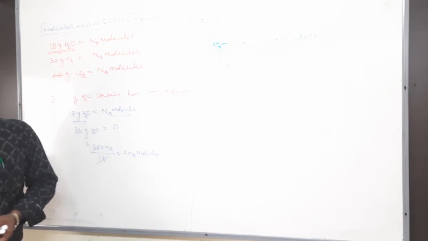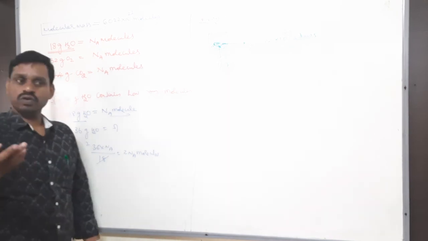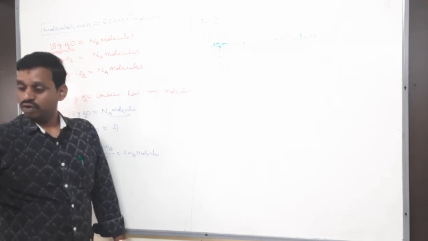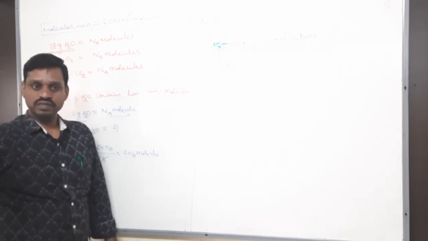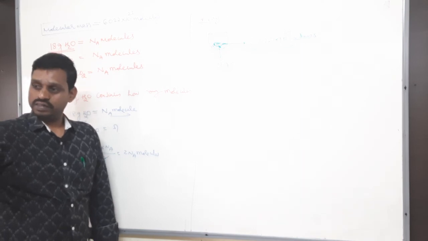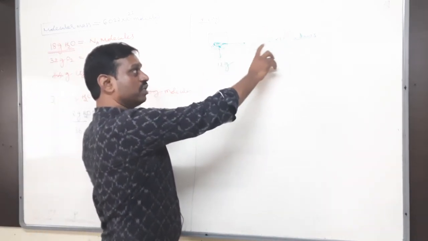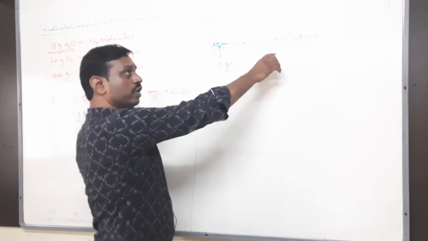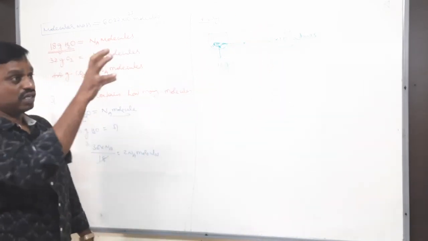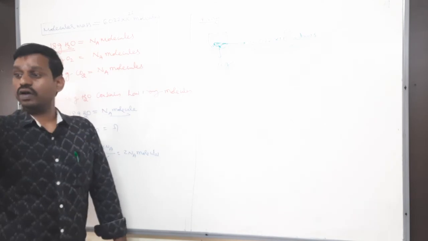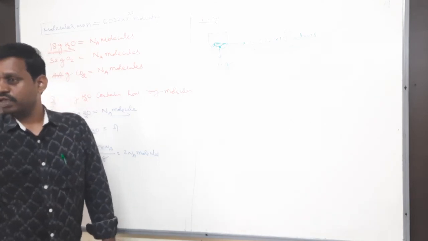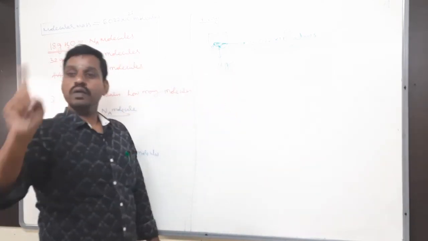Do you understand? It is just like a dozen. 1 dozen has how many pieces? 12 pieces. Similar to that, here there are 6.022 into 10 power 23 atoms. That number is called the Avogadro number, which is also equal to 1 mole.